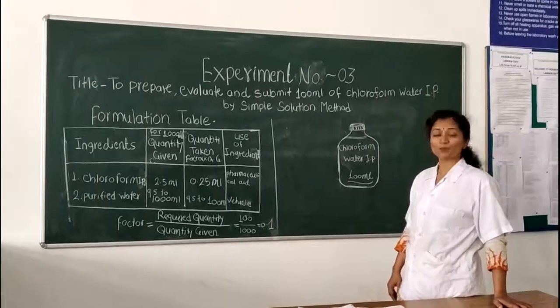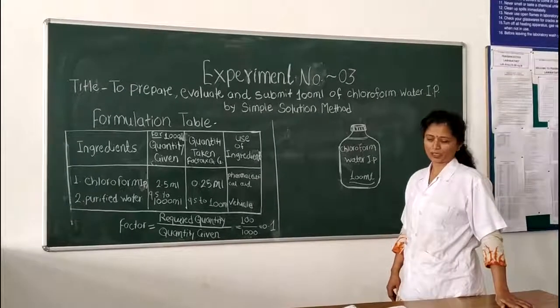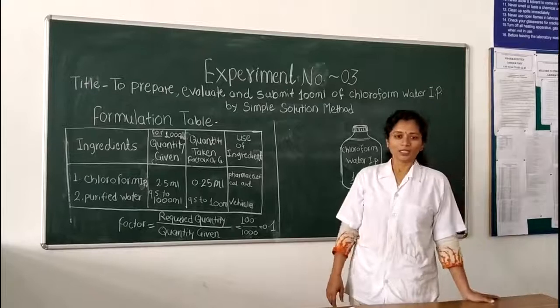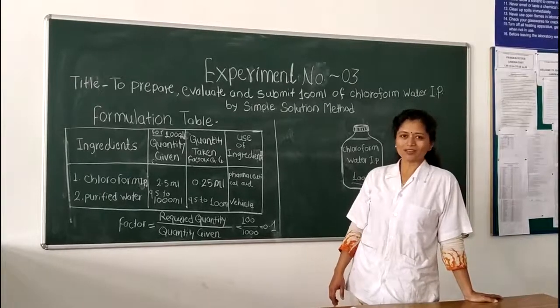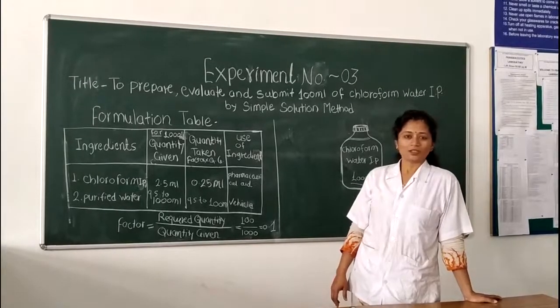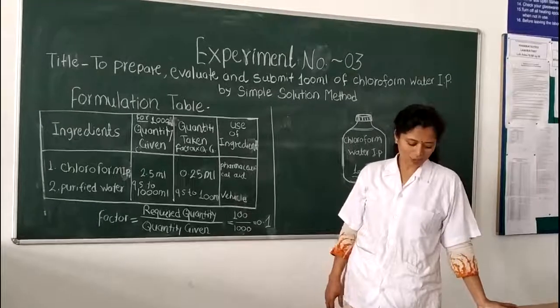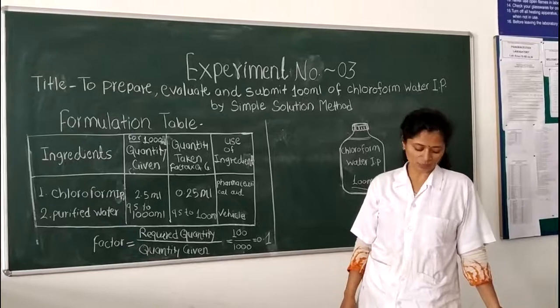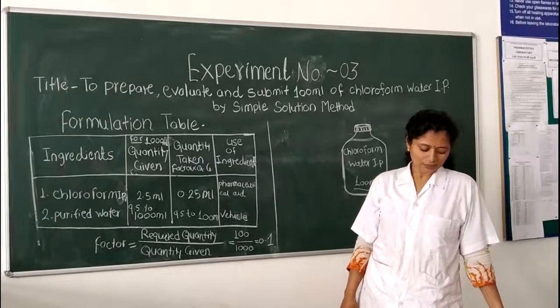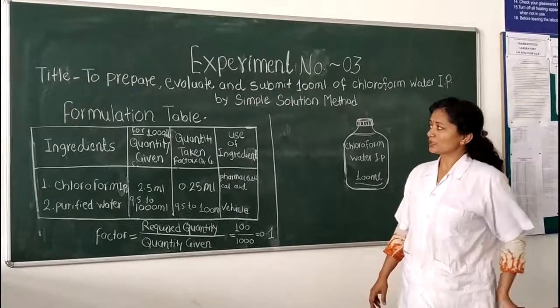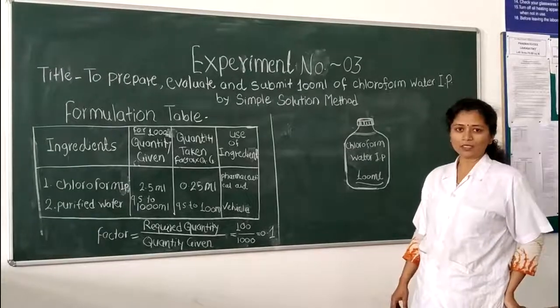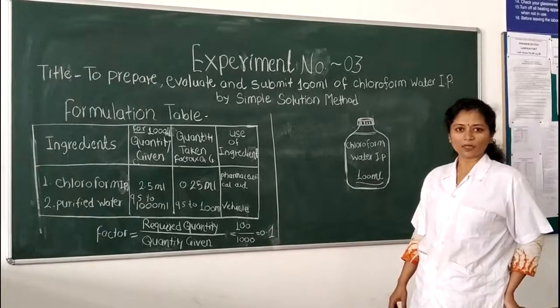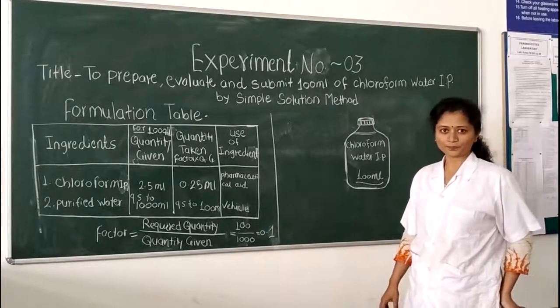The stepwise procedure for this experiment is mentioned in the IP. We already discussed there are two types of aromatic water: simple aromatic water and concentrated aromatic water. Let's move towards the apparatus and chemicals required to prepare the chloroform water.